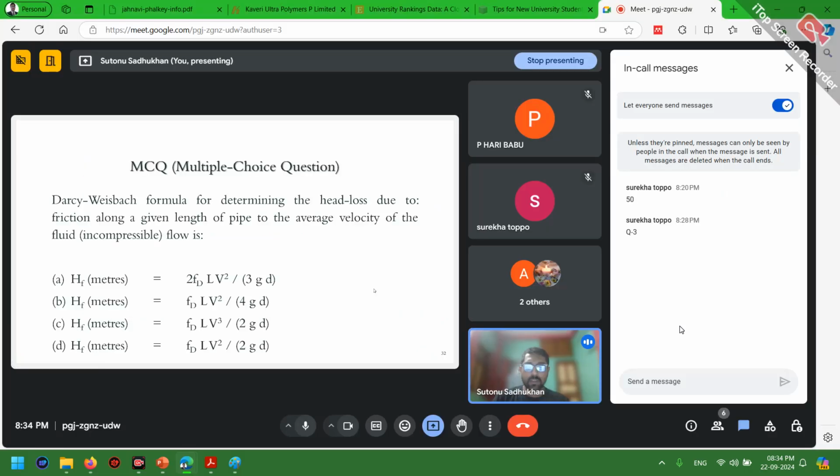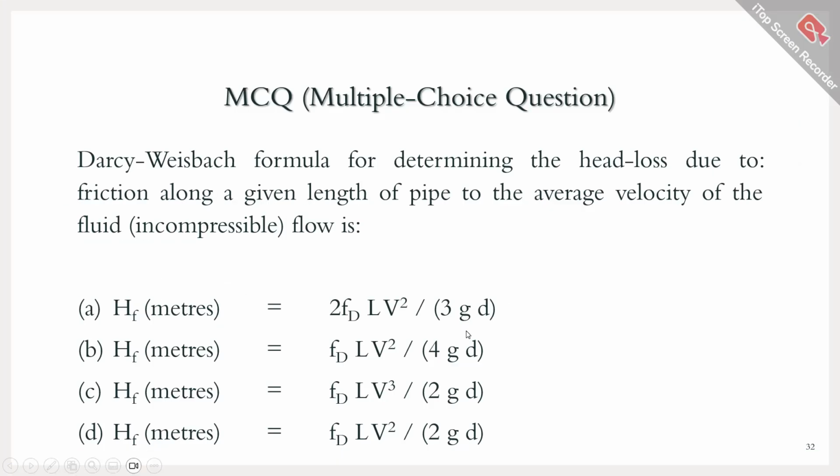So yeah, please tell me the correct formula of the Darcy-Weisbach equation. Only the factors you have to look at. L V square, so these all are L V square by G D, right? This one only is L V Q. So option C is not correct, because if you do the dimensional analysis, you will see the L into V Q is not matching with the left hand side.